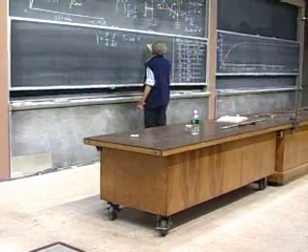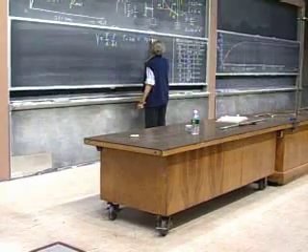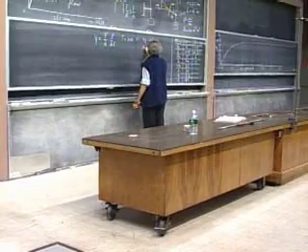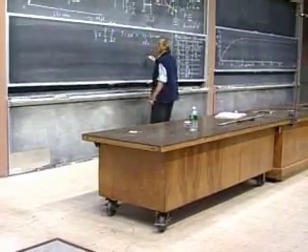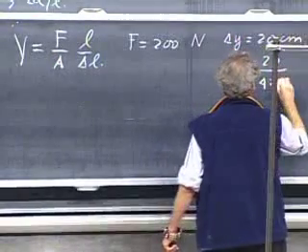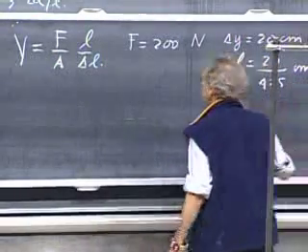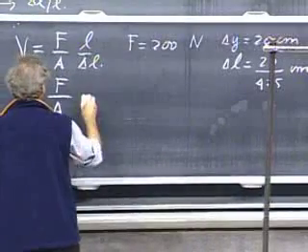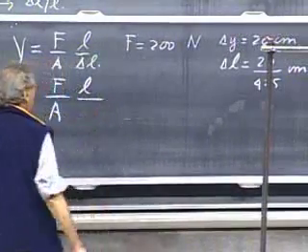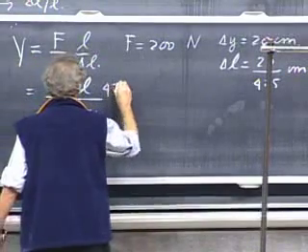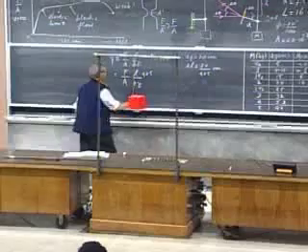And then we have delta Y equals 20 centimeters. And so that means delta L equals 20 divided by 425 centimeters. So this is F divided by A, L, and then we have here delta Y times 425.